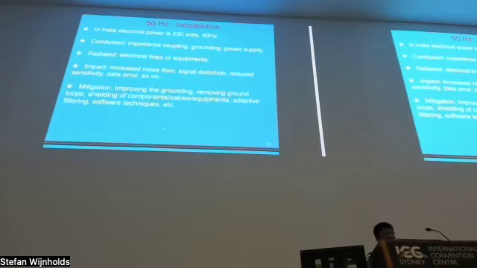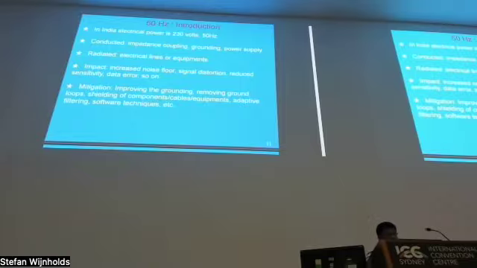Next one is 50 Hertz. In India, we use electrical power of up to 230 volts and 50 Hertz. This 50 Hertz also gets coupled with the main signal, either through impedance coupling, grounding, or through power supplies. It can also be radiated: electrical lines, electrical equipment, and measuring equipment can radiate this 50 Hertz into our main signal.